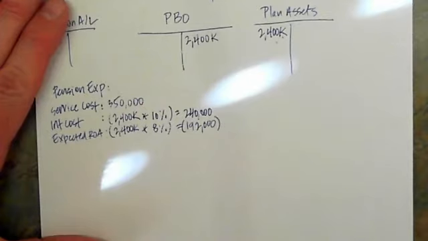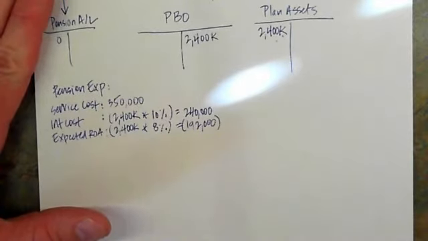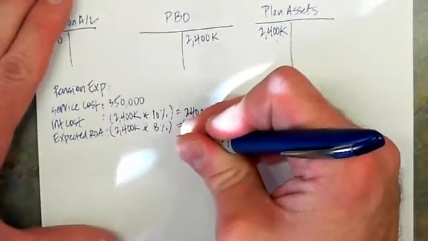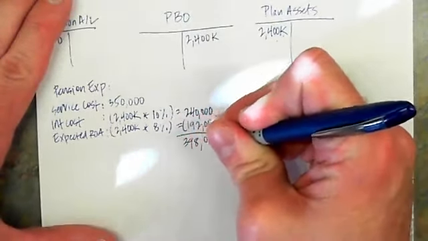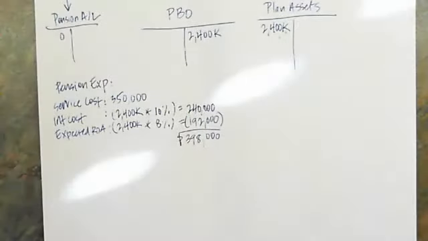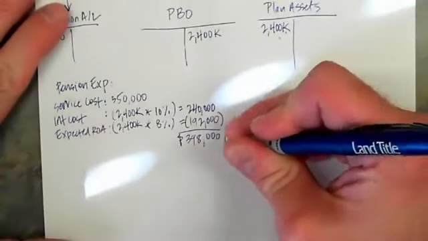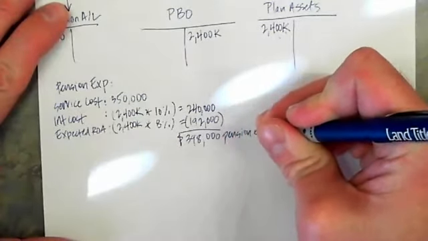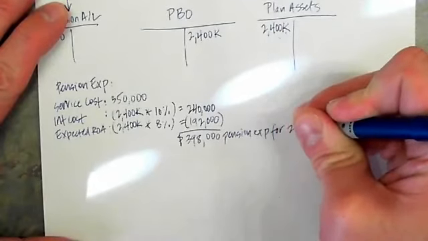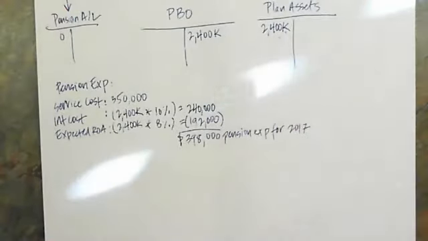So we have $350,000 plus $240,000, and then anything you've earned on the fund would intuitively decrease the amount of expense you have, because now you are earning money that you do not necessarily have to record in your obligation. $398,000 would be pension expense for 2017. Now let's look at what the balance of my pension asset liability account would be.